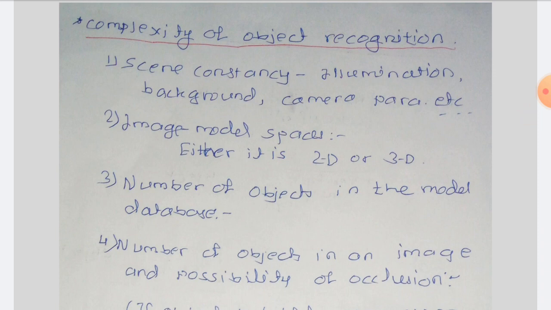constancy. The scene complexity will depend on whether the images are acquired in similar conditions, what the illumination is, what things are present in the background, camera parameters and viewpoint. How many pixels or megapixels the camera has, what the light condition is, the things which are present in the background, all of this comes under scene complexity.